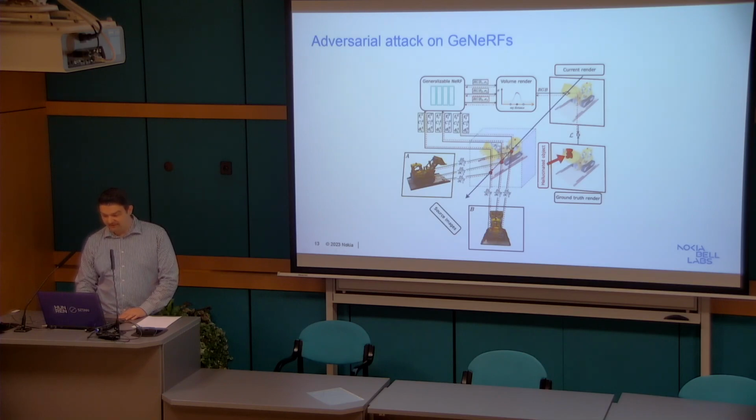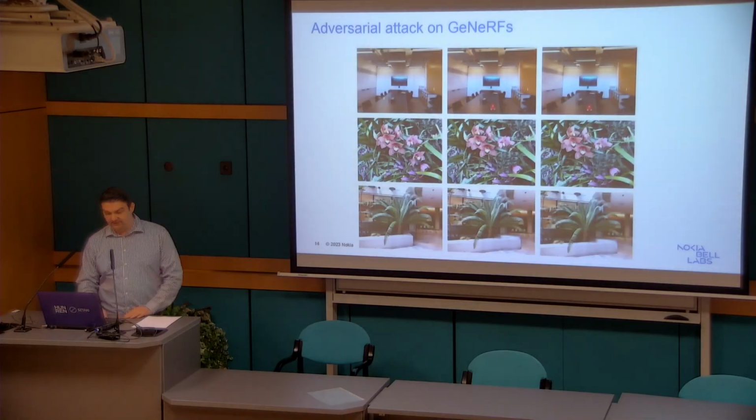And then, since every element of this network is differentiable, we were able to send this signal back to the source views, and we modified the source views to have very little noise. So practically the difference was indistinguishable. And we were able to fool the network. On the first column, you will see the original rendering coming from 10 source views.